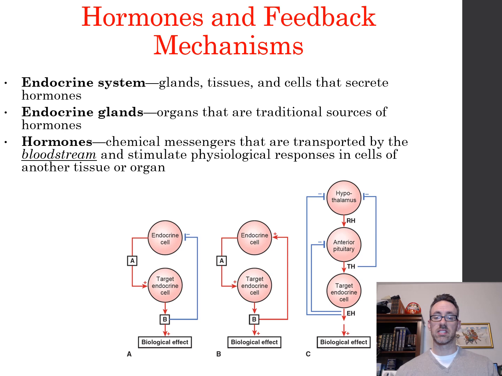That'll communicate with the cells in the anterior pituitary. The anterior pituitary will then release its hormone into the bloodstream, which will then communicate with the target endocrine cell. Now, in this case, that could be the thyroid gland, since we'll be talking about the thyroid gland today. So let's say it's the thyroid, then the thyroid will release its thyroid hormone.